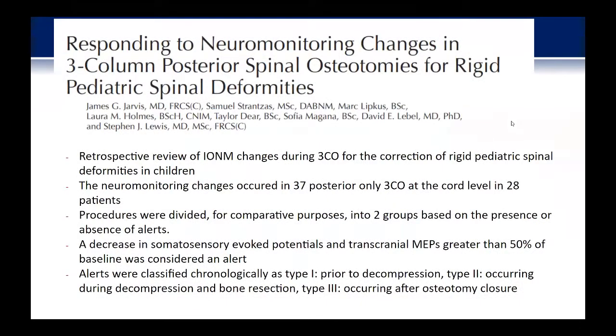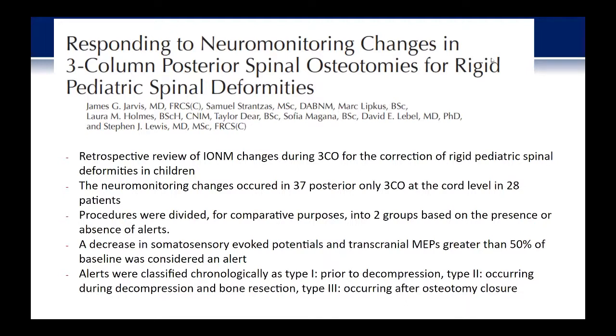This is a paper that I was able to find that looked at the response to neuromonitoring changes during these osteotomies. It's a retrospective review of all neuromonitoring changes during 3-column osteotomy, and it showed that neuromonitoring alerts had occurred in 37 posterior-only 3-column osteotomies out of their cohort.